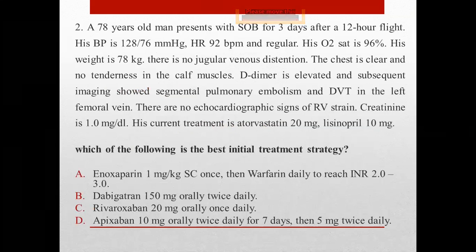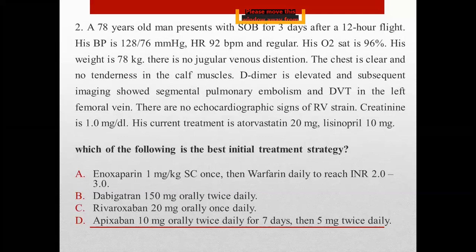A 78 years old man presented with shortness of breath for 3 days after a 12 hours flight. His blood pressure was 128/76. His heart rate was 92 beats per minute and regular. His oxygen saturation was 96%. His weight was 78 kilograms. There is no jugular venous distension. The chest is clear and no tenderness in the calf muscle.